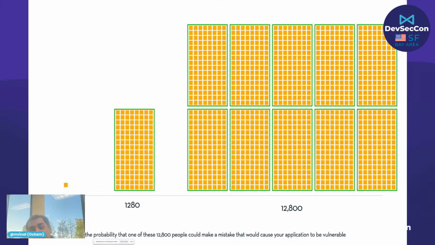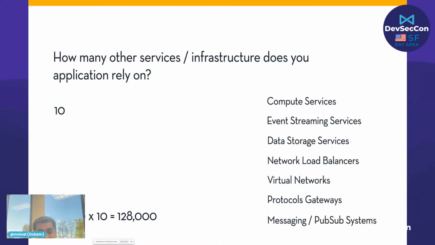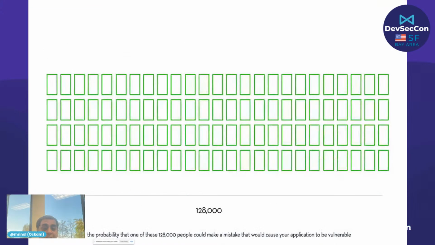So at this point, I've run out of slide space, so I'm going to use a visual trick, right? That green box is going to represent 1,280 developers, okay? So if I stay with my 12,800 times 10, I now have a picture that looks like this. That's the probability of my application being vulnerable.